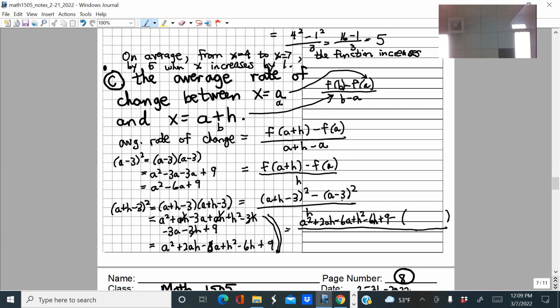We're subtracting off f of a, right? Which was a squared minus 6a plus 9. All of that divided finally by h. Be very careful now that you put the f of a, right? Make sure you put all of that in parentheses, because you're subtracting all of that.